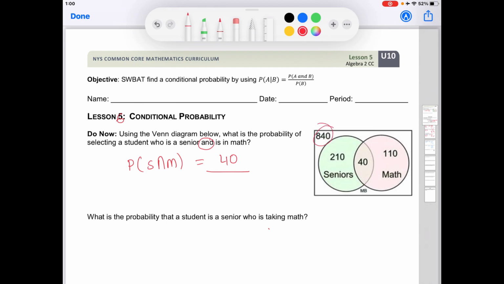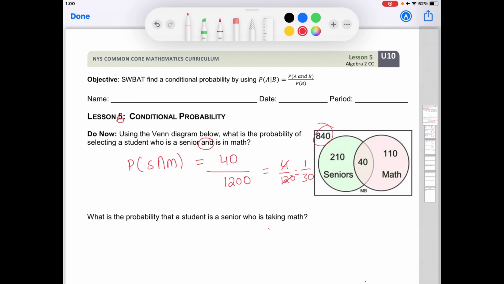So these are people who are not seniors or taking math. So 840 plus 210 plus 40 plus 110, which would be 1200, right? You can simplify it to 40 over 1200, or 40 goes into 1200, 30 times, so 1 over 30.